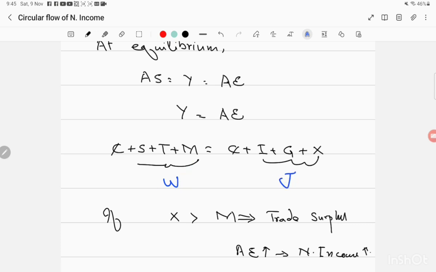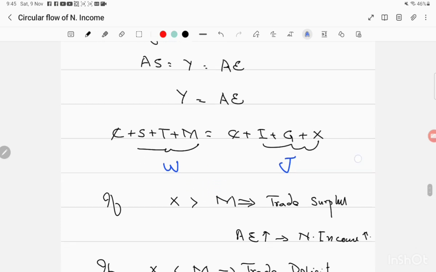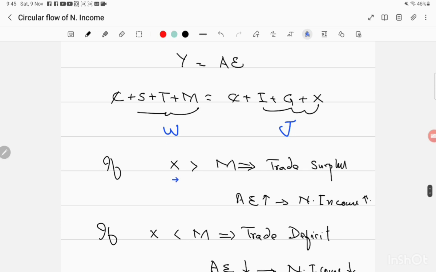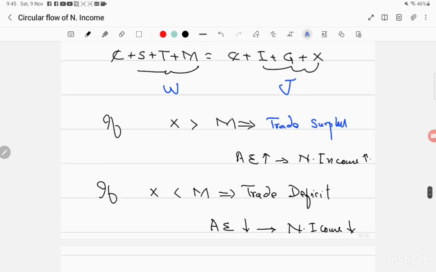So when exports are equal to imports, then whatever trade has taken place among the countries and our country, we find that our international trade is in a balanced condition. If exports are more than imports, then we find a trade surplus in our national income. Our national income will increase because foreigners are buying more of our products.